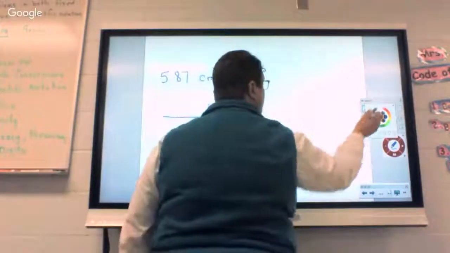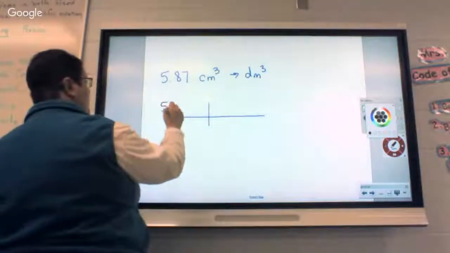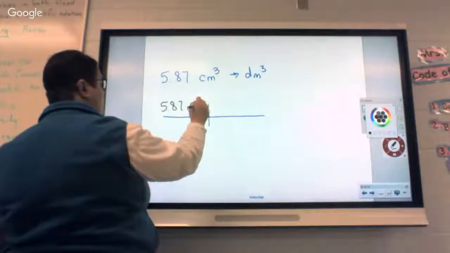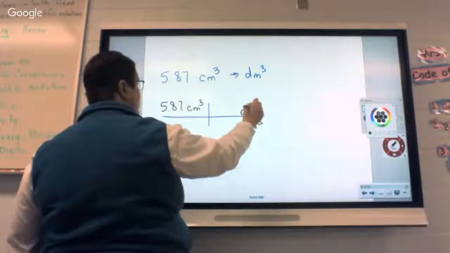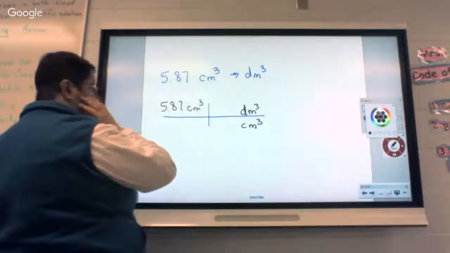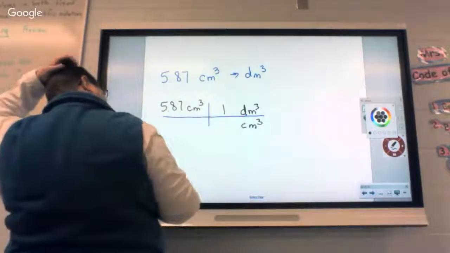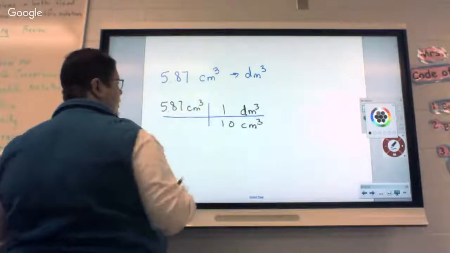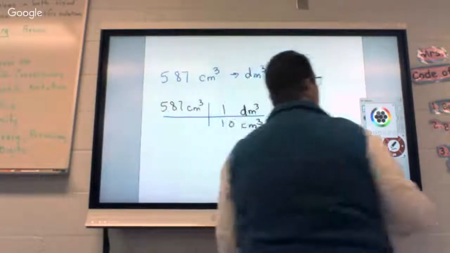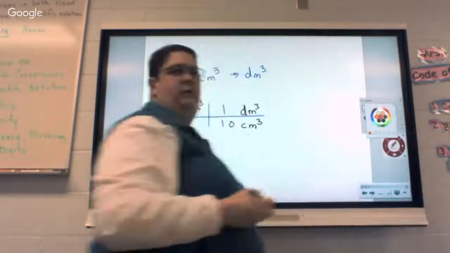All right. So we're going to put 5.87 centimeters cubed, centimeters cubed, decimeters cubed. Who's bigger? Put a 1 there. How many places between deci and centi? So put a 0 and a 1. All right. Because they're both cubed, what do I have to do different here?